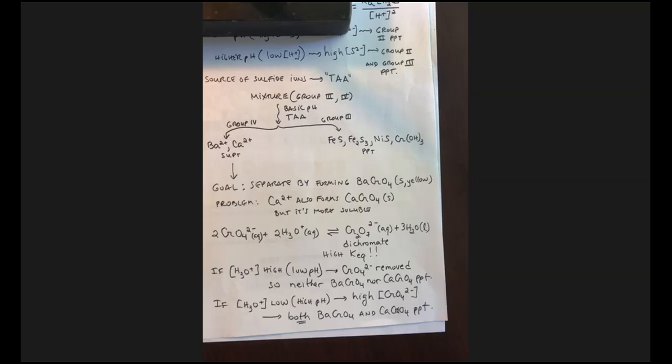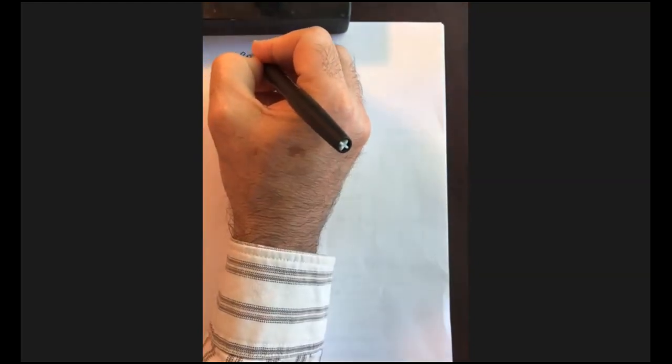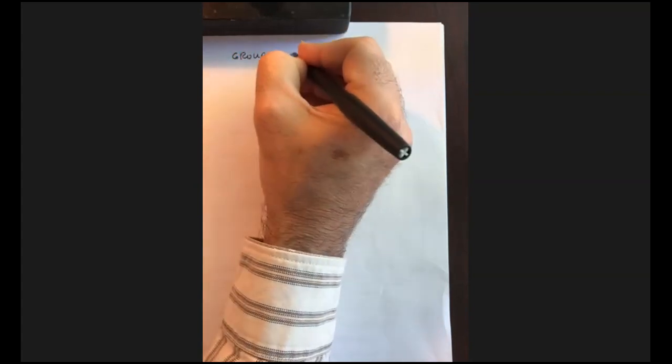Okay, so let's discuss how we're going to tackle this group 4 set of ions. Let me move this out of the way here. So here is our attack, our analysis of group 4 cations.